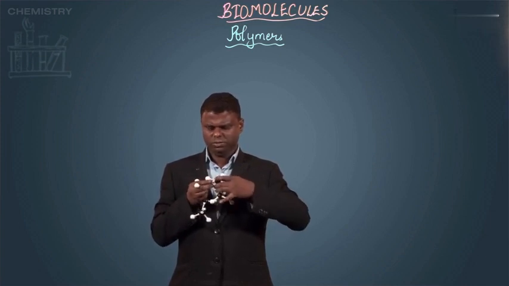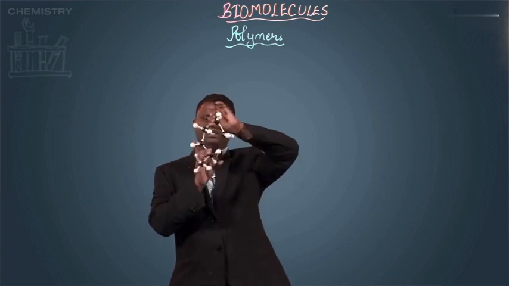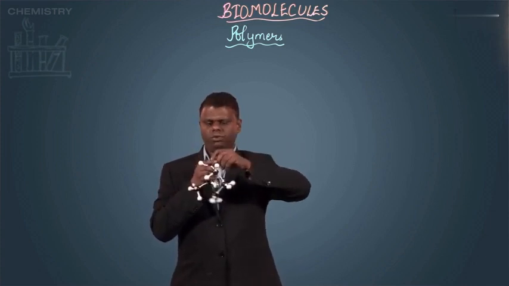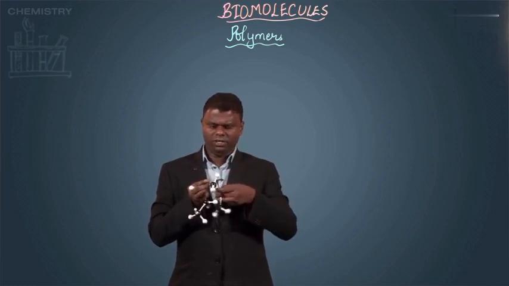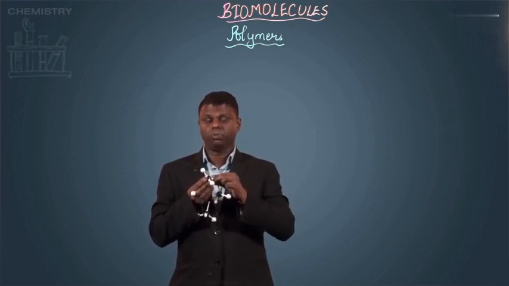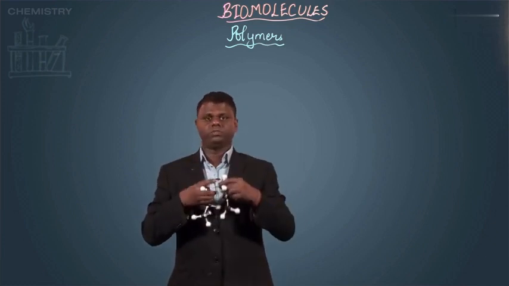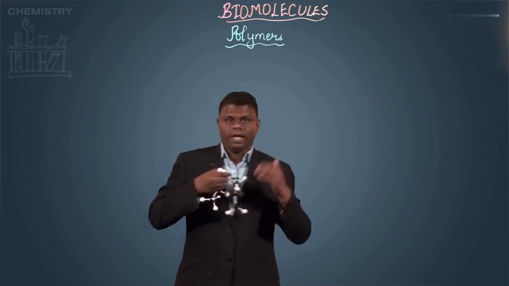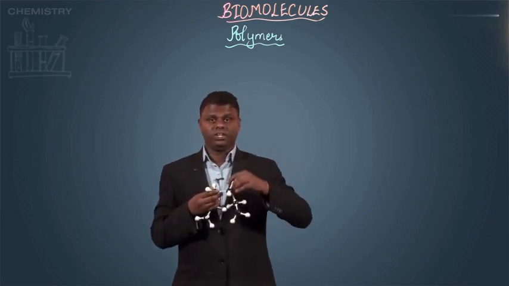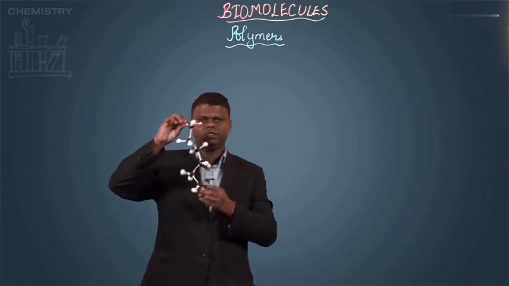I could remove this particular hydrogen atom and then I could have a ring structure. I could just put one more molecule over here, so this would give rise to a ring. We are going to study these things when we study the classification of polymers.